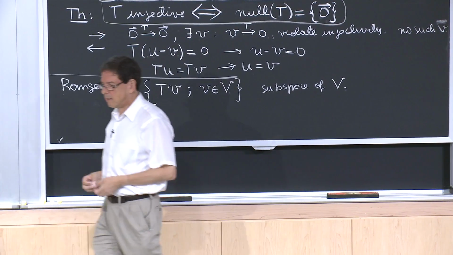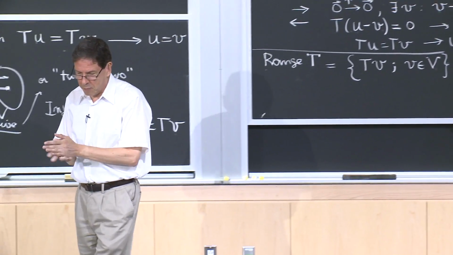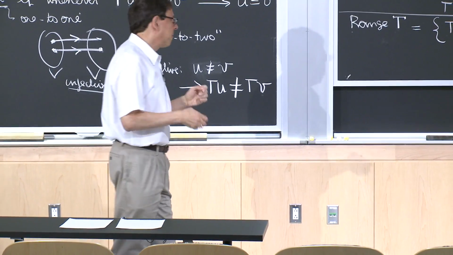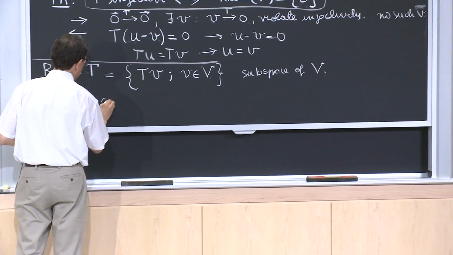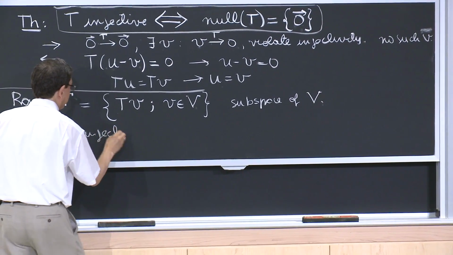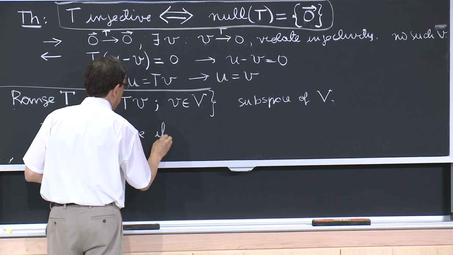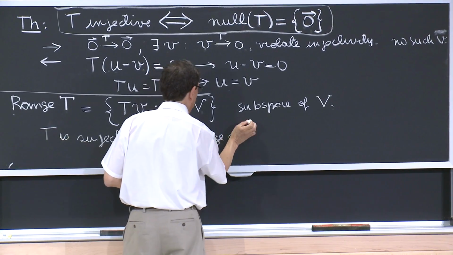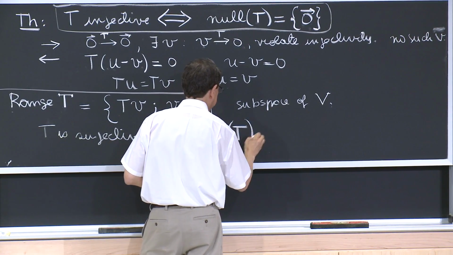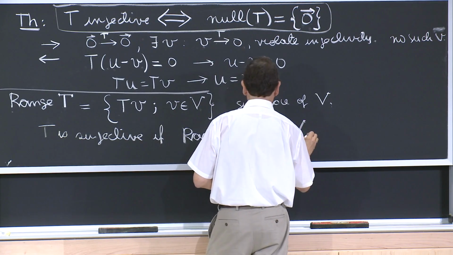So let's write the definition. An operator T is surjective if the range of T is equal to the vector space.